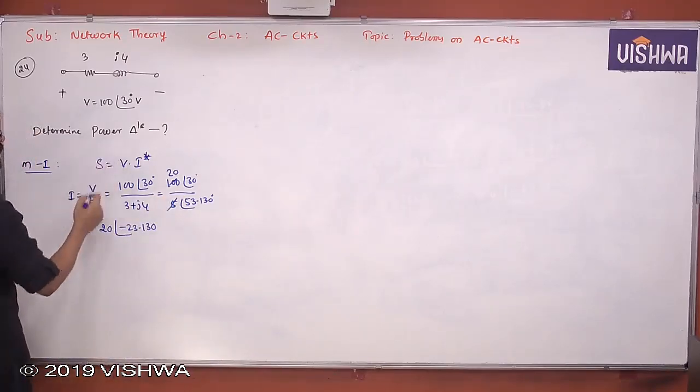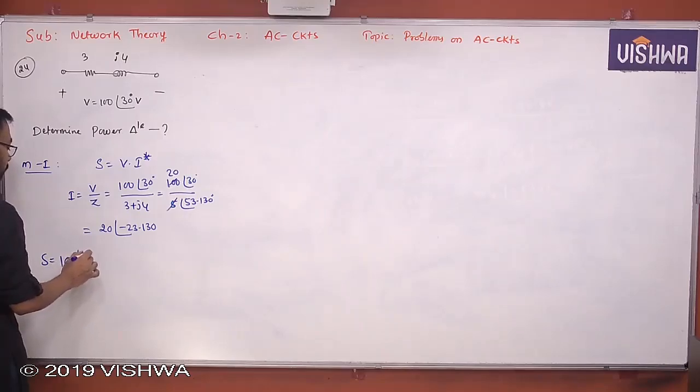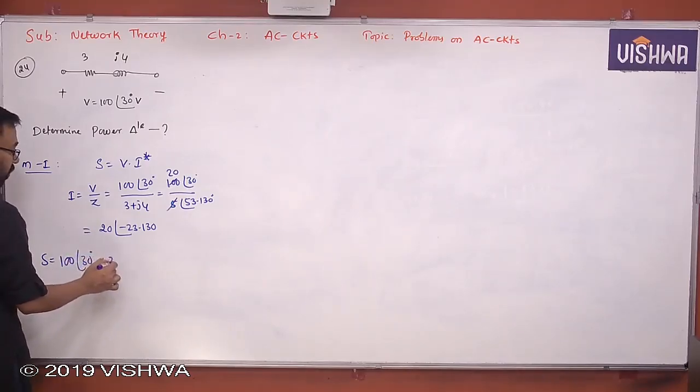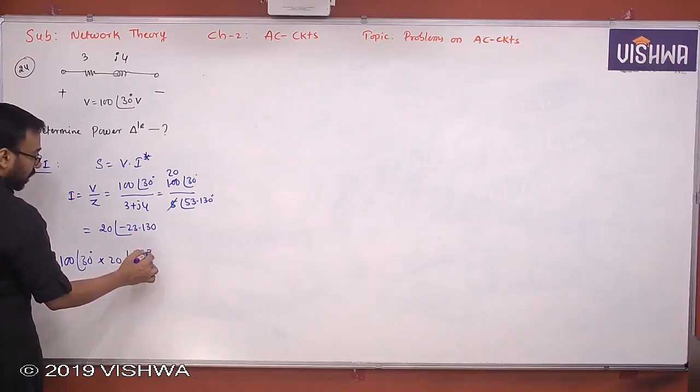If you substitute these values of voltage and current, S is equal to V at an angle of 30, so that's 100 at an angle of 30, and the conjugate of current is 20 at an angle of, when you take the conjugate, it becomes plus 23.130.